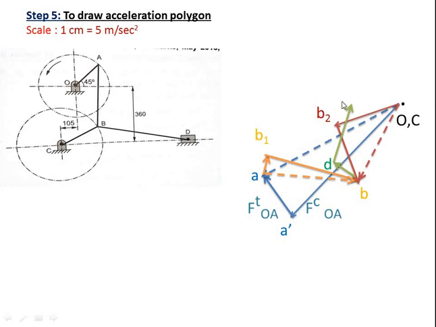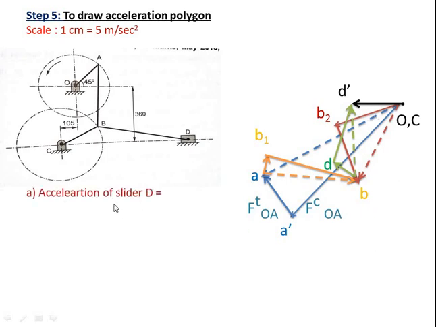That is the acceleration of the slider. And where these two intersect, it gives point D. This is the acceleration of the slider, this is the tangential acceleration of BD, and the centripetal acceleration of BD. If you complete this triangle, this is the total acceleration of BD.